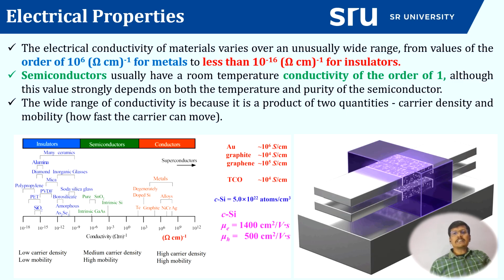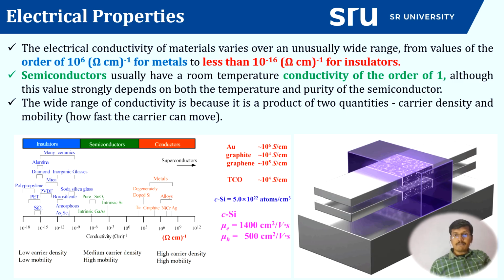The carrier density refers to the number of charge carriers available in the conductor for conduction. The second, carrier mobility, measures how easily charge carriers move through a material when an electric field is applied.